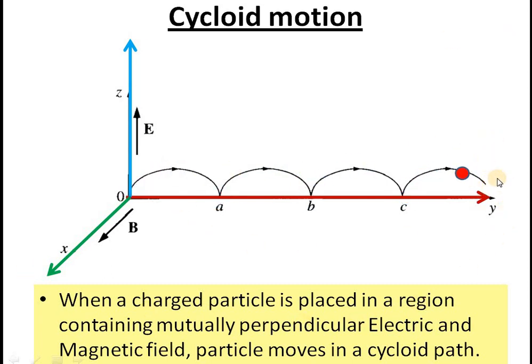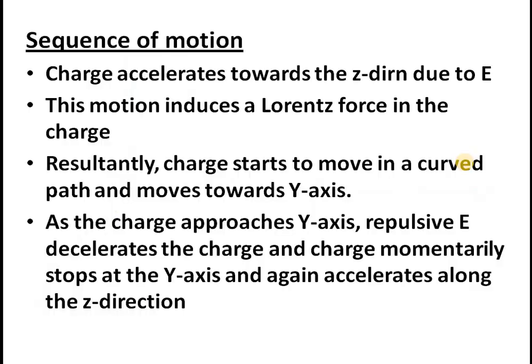Until the field is stopped, this motion will go on perpetually, as long as mutually perpendicular E and B exist. So that is the physical reason for the motion of the charged particle in this cycloid path. That description you can summarize like this.